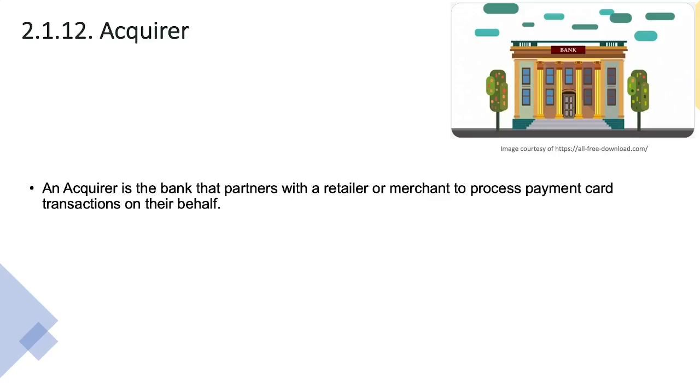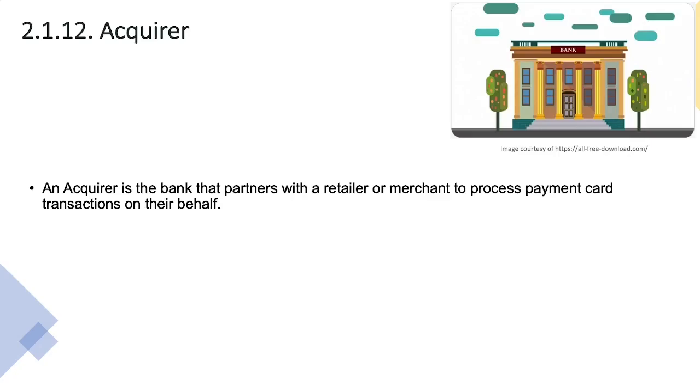Right, let's talk about acquirers. So what is an acquirer? An acquirer is a bank that would partner with a retailer or merchant to process payment card transactions on their behalf. Look, you have a shop that sells clothing. Their key business is clothing, right?